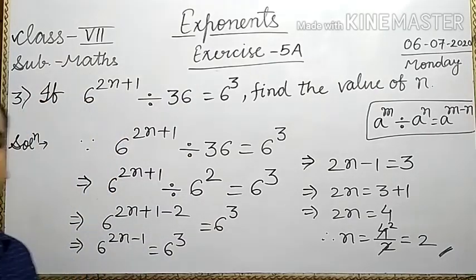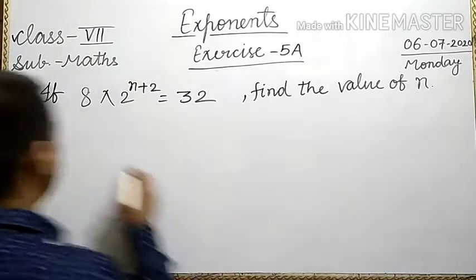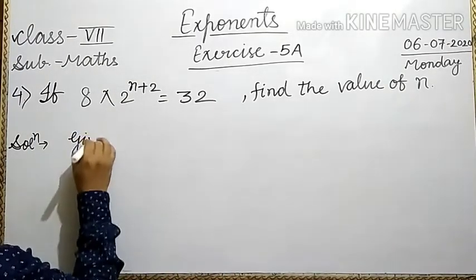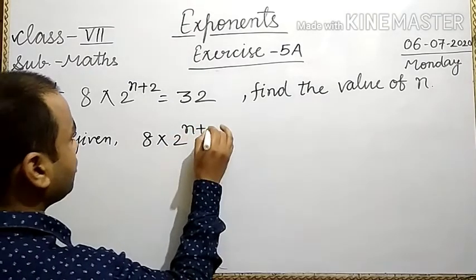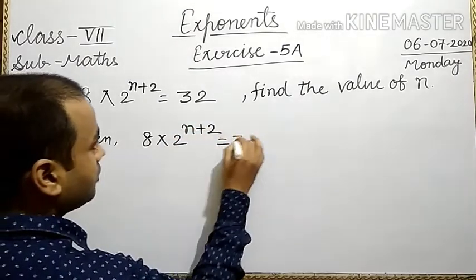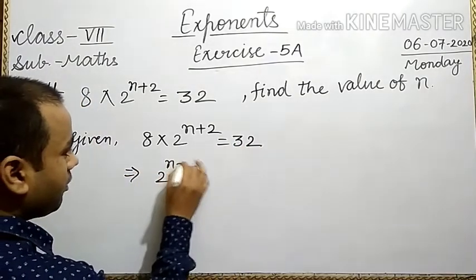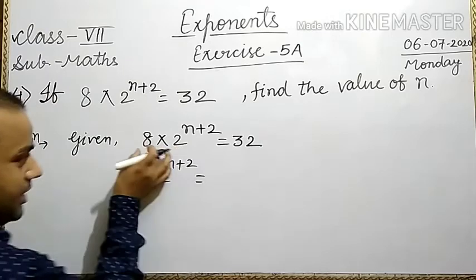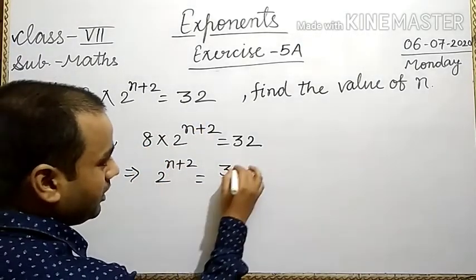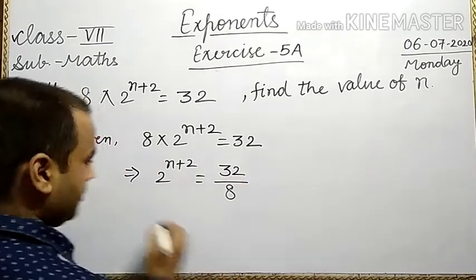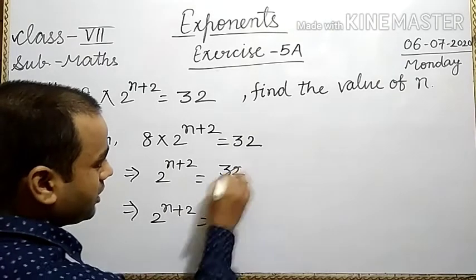Now let us discuss question number 4. In question number 4, given 8 into 2 power of n plus 2 is equal to 32. The next step: here 8 is multiplied with 2 power of n plus 2, so here we divide. 2 power of n plus 2 is equal to 32 divided by 8, which is 4.